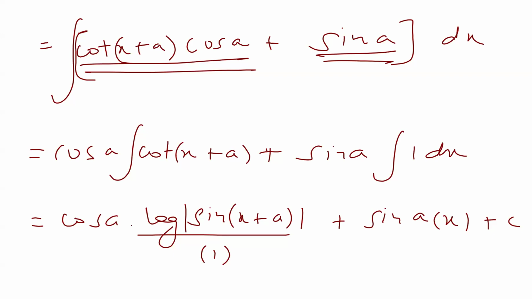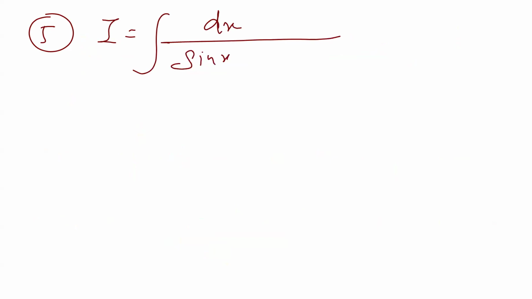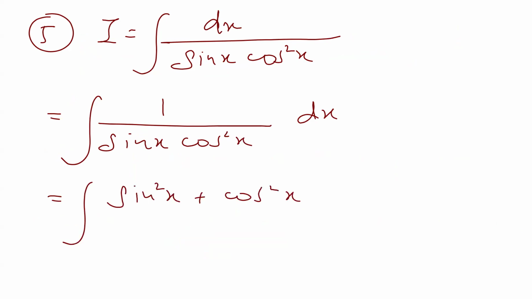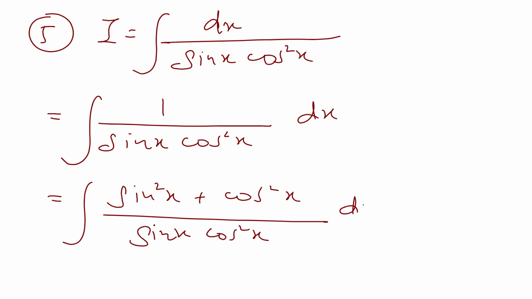Next one, that is question number 5. Integration of dx upon sin x cos square x. So nothing is there, it means there is 1 upon sin x cos square x. Now it is sin square x plus cos square x upon sin x cos square x.